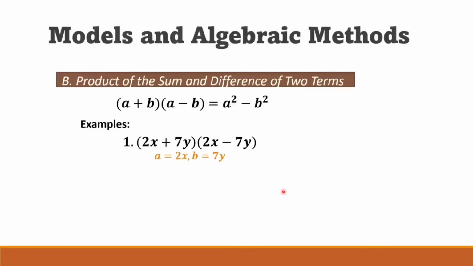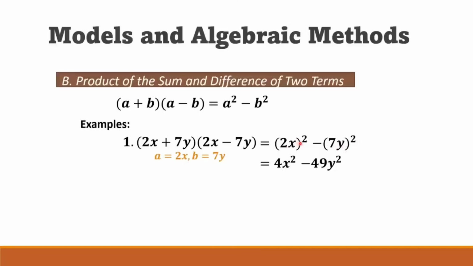So instead of using the FOIL method, which is a long solution, we can use this model. Okay, we can use that by squaring only the first term and the second term with the operation, which is subtraction. Okay, so 2x, the quantity squared, minus 7y, the quantity squared.